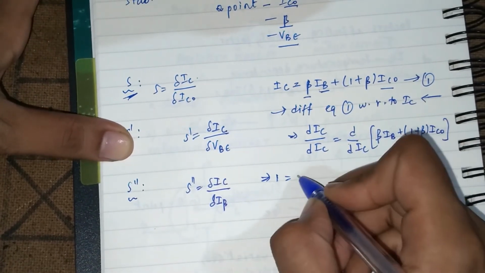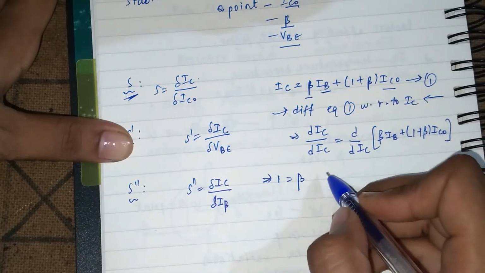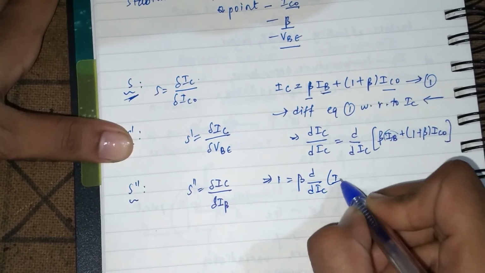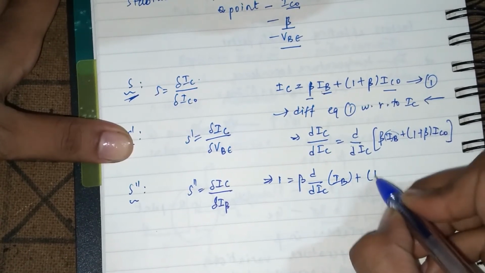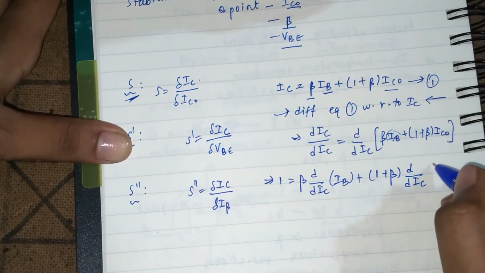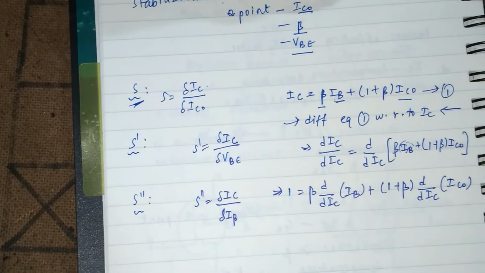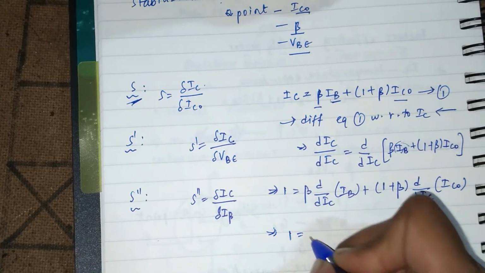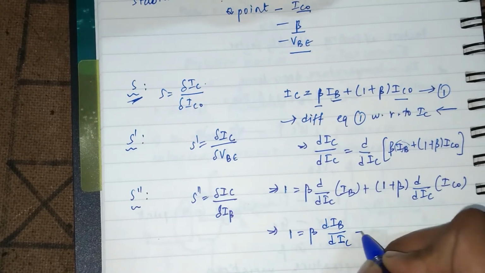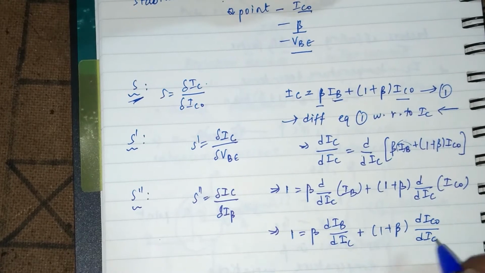So 1 is equal to beta into d by dIC of IB, since beta is constant, plus (1 plus beta), constant, into d by dIC of ICO, the collector leakage current. This gives 1 equals beta into dIB by dIC plus (1 plus beta) into dICO by dIC.